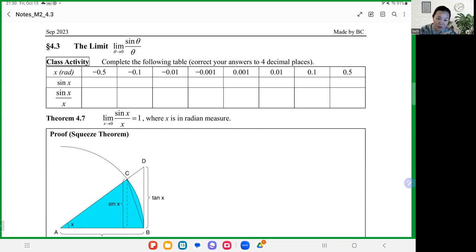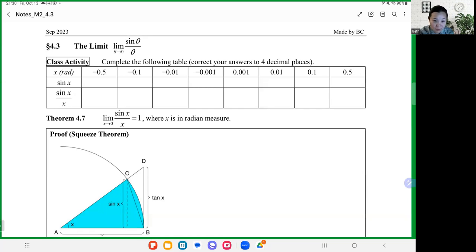Think about it. Didn't we simplify a lot of fractions? Those are rational functions. And we also simplified some of the square root functions. Those are irrational functions. So in M2, you will find that a lot of topics study a certain concept with different kinds of functions, one by one.